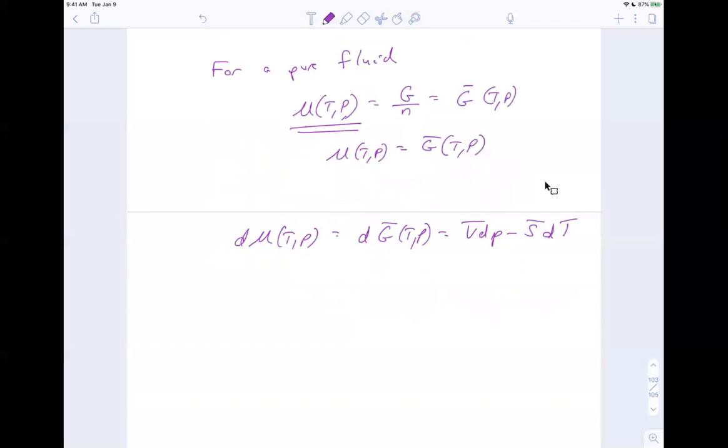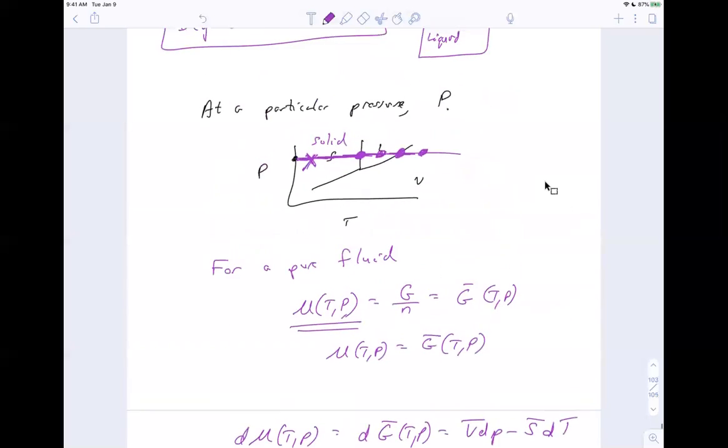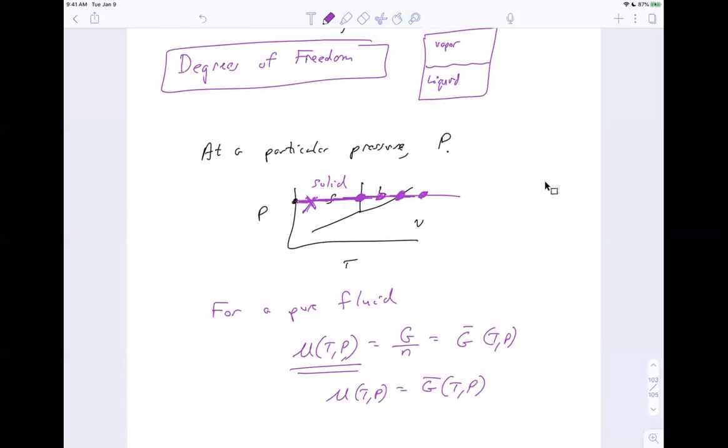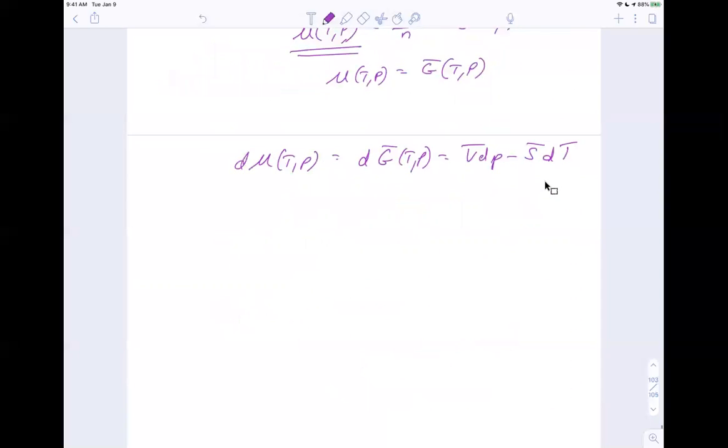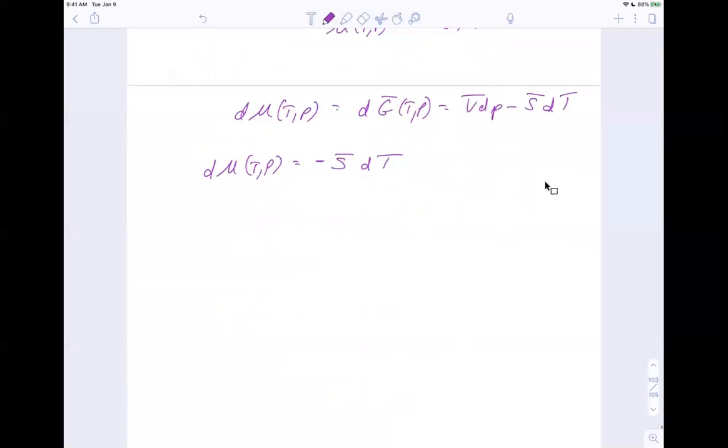Okay. At constant pressure, since I said let's take a look at a process moving across the phase diagram at constant pressure, dP is going to be 0. So we get d mu is equal to minus S bar times dT. And then we can say, all right, minus S bar is equal to d mu dT at constant pressure.